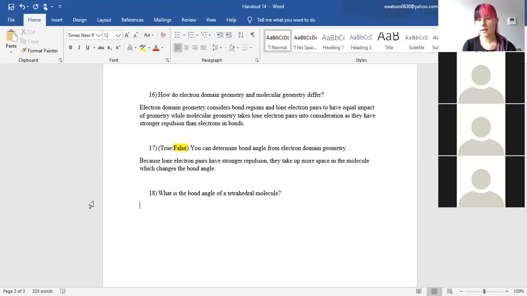So what is that bond angle? 109.5 degrees.